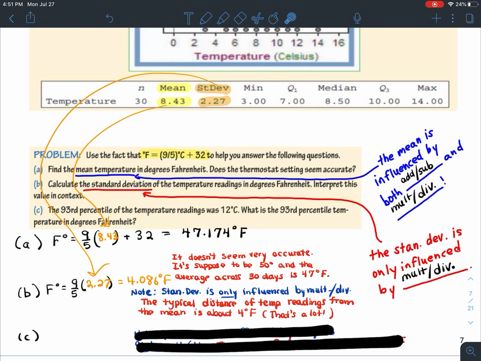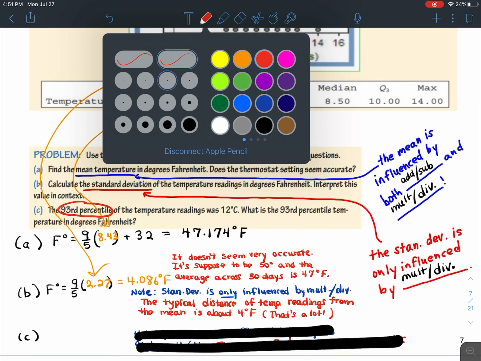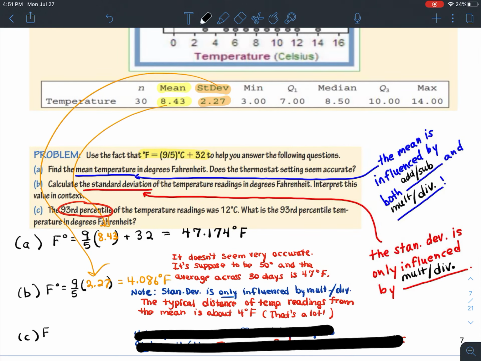And then finally, part C says the 93rd percentile of the temperature readings was 12 degrees Celsius. I want you to think here about what a percentile is. That's a measure of location. Measures of center and measures of location are affected by addition, subtraction, multiplication, and division.